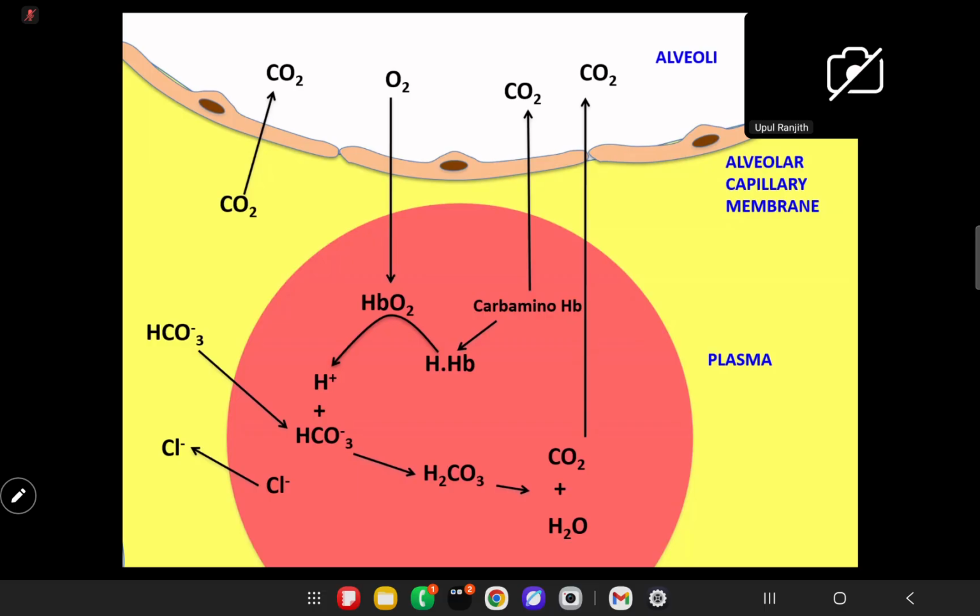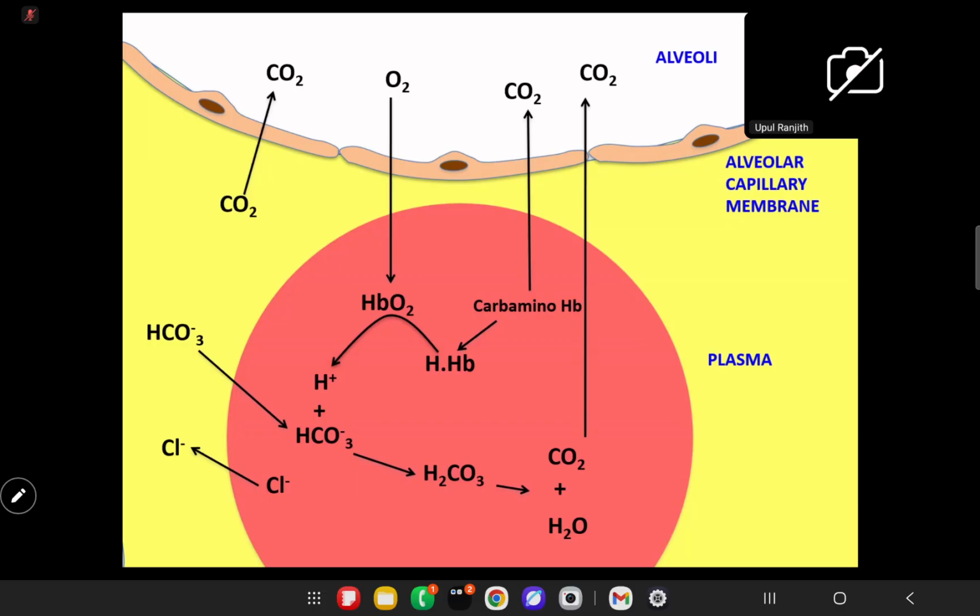So actually, when the red blood cell travels through the pulmonary capillaries, it will shrink slightly, by a very minute amount. It will shrink because water also diffuses. In the tissues, when the chloride ions diffuse into the red blood cell, with that it will drag water also into the red blood cell and increase the size of the red blood cell, right?